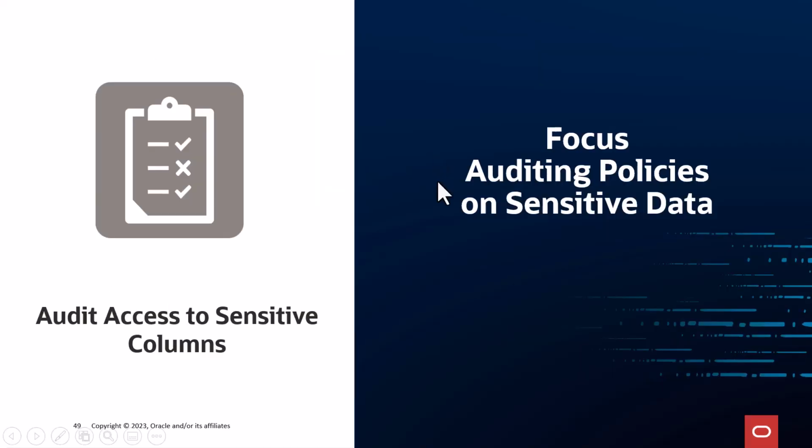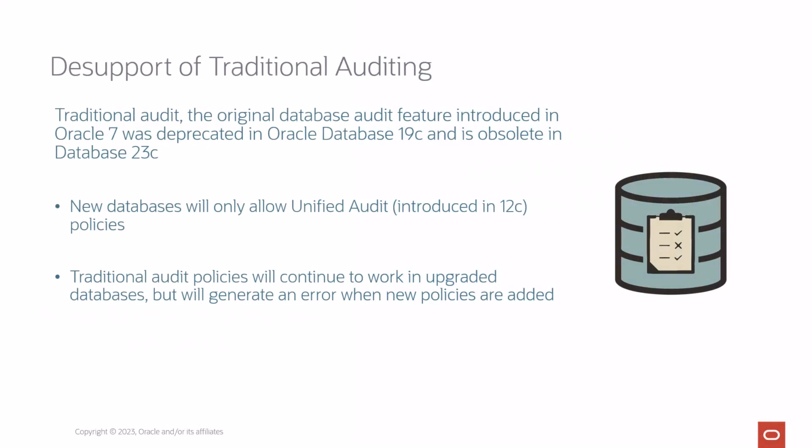I'll just finish my presentation by saying a few words about auditing and auditing policies. The first thing I want to say is that prior to 23C, we still were supporting 2 frameworks for capturing audit records.